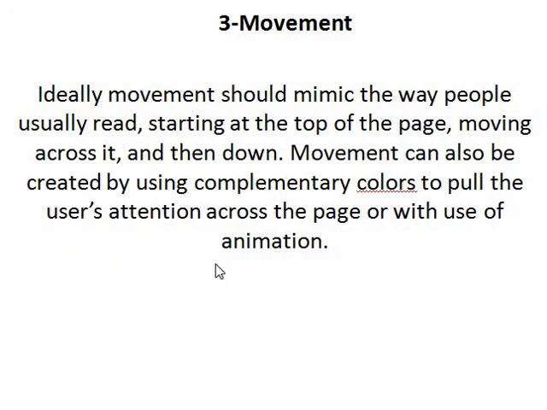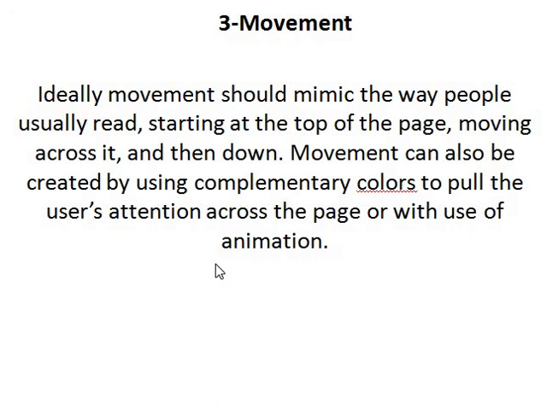The third one is movement. Ideally, movement should mimic the way people usually read. We read on laptops and in books from left to right and top to bottom.